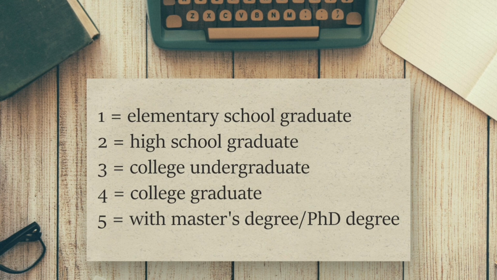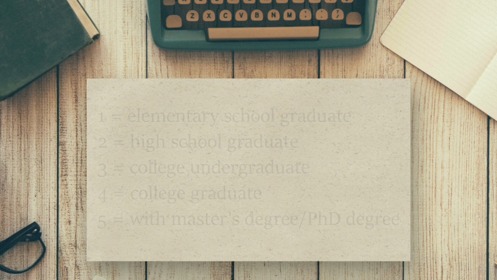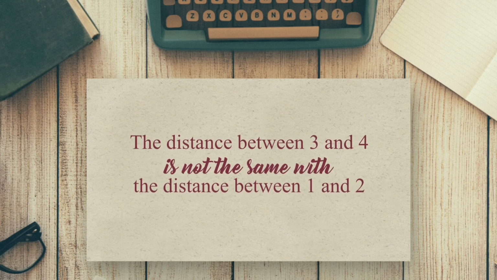With master's degree or PhD degree. In this measure, higher number means greater education. Even though we can rank this from lowest to highest, the spacing between the values may not be the same across levels of the variables. The distance between 3 and 4 is not the same with the distance between 1 and 2.